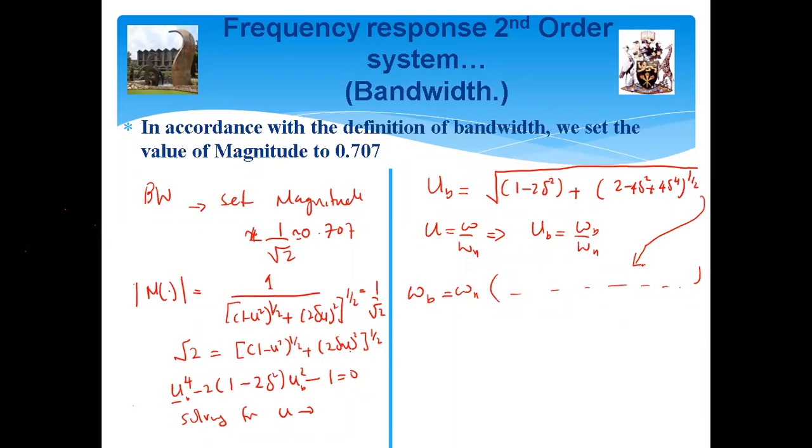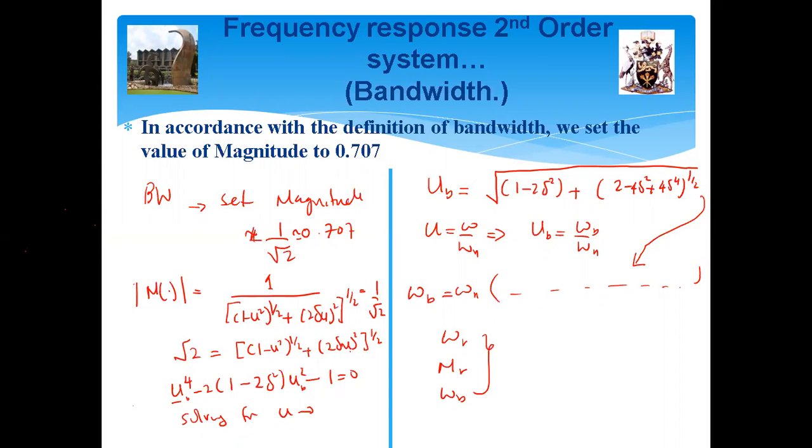We have all the specifications. We have omega r, Mr, and the bandwidth. So make sure you know how to derive this.